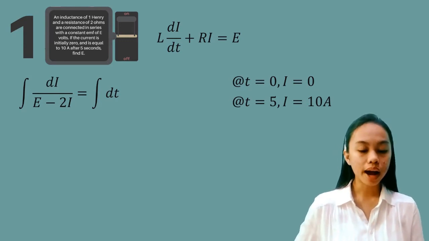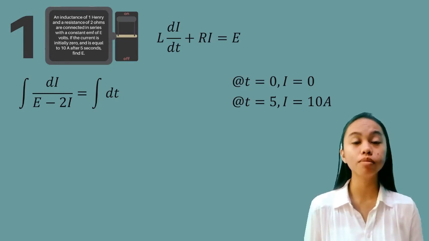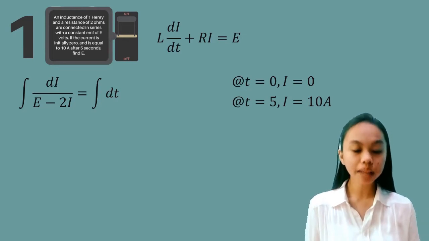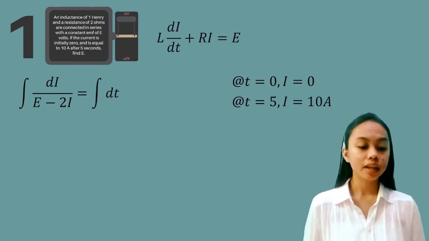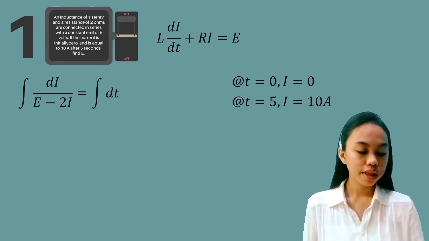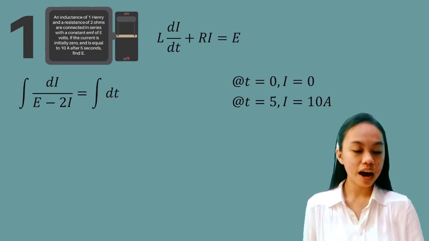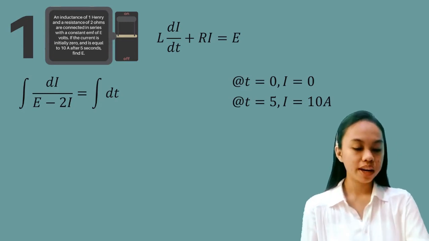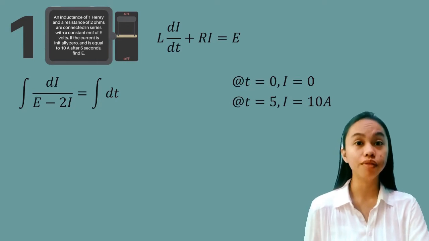The left part, the integral of di/(E - 2I), is in terms of variable I, and the right part, the integral of dt, is in terms of t. So at t = 0, we put 0 as the lower limit for the integral of dt, since it is in terms of time.